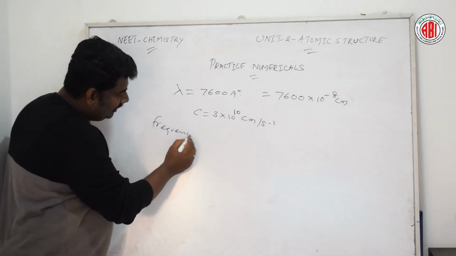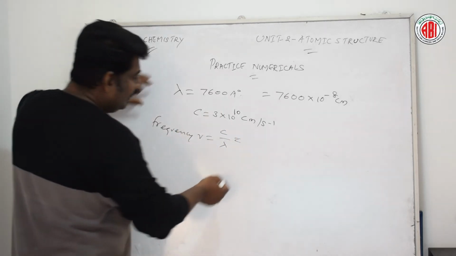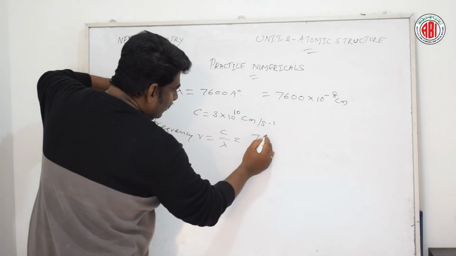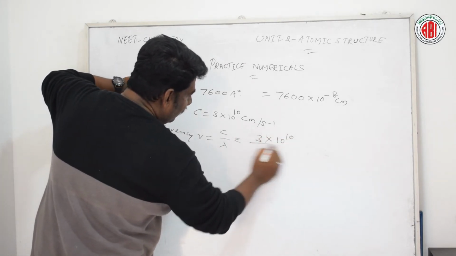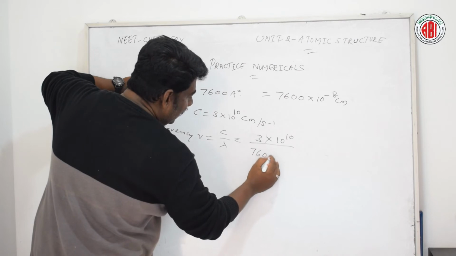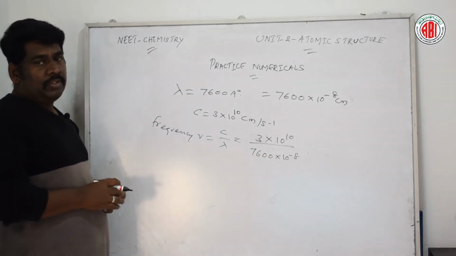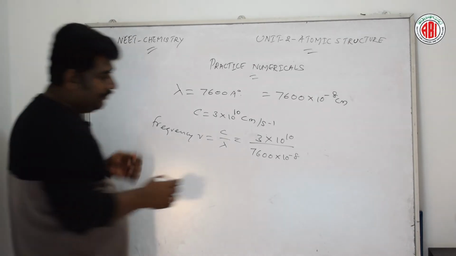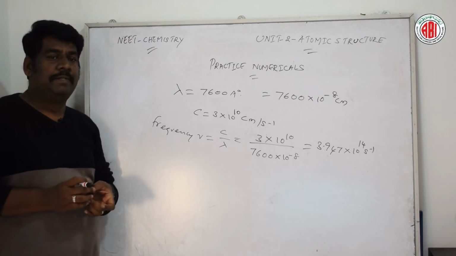So frequency nu is equal to C by lambda. Applying the values into the formula, C value that is 3 into 10 to the power of 10 by 7600 into 10 to the power of minus 8. Simplifying this, we get 3.947 into 10 to the power of 14 per second.